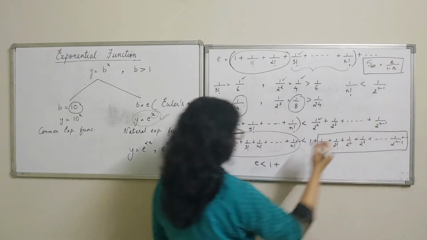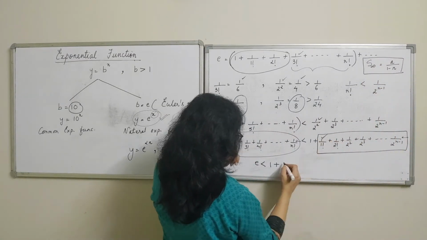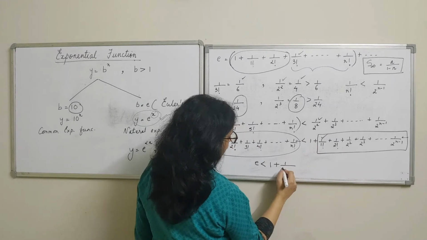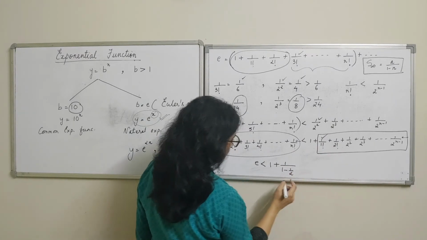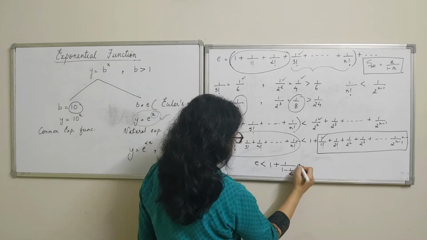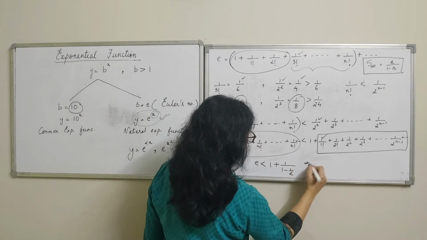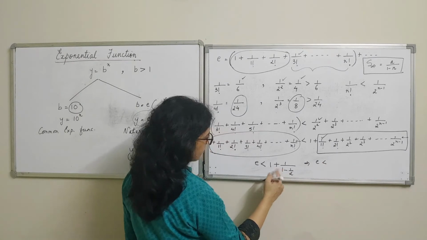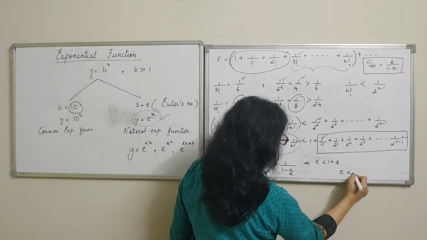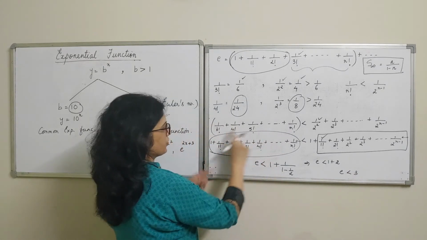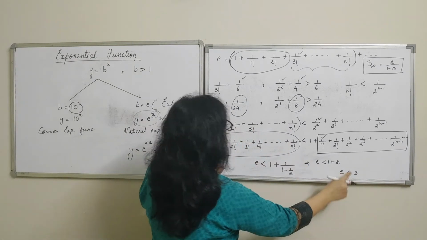Using this relation, a is the first term, which is 1, denominator 1 minus r, where r is half. Simplifying, we get to know that e is less than 1 plus 2, so e is less than 3. So this number, which is e, is less than 3.